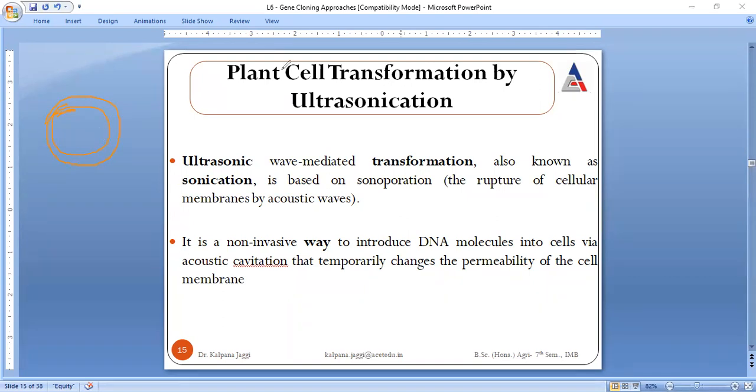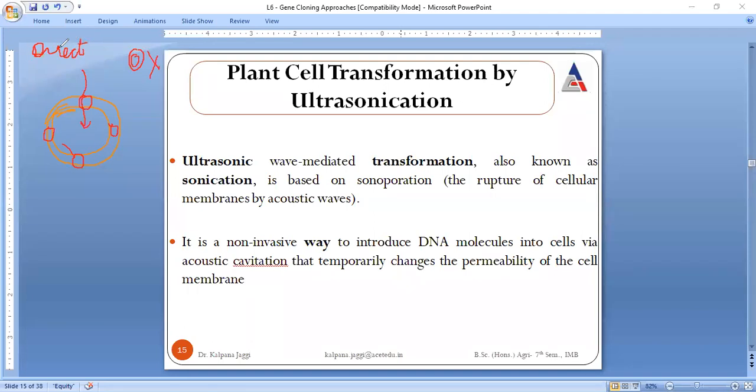So what we need to do is create certain pores into the cell wall, so that anything that is present outside the cell could enter into the cell. Because here we do not require any mediator. Here no mediator is required. So this is the reason it is under the category of direct gene transfer.